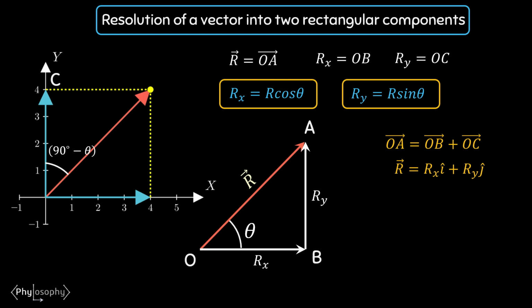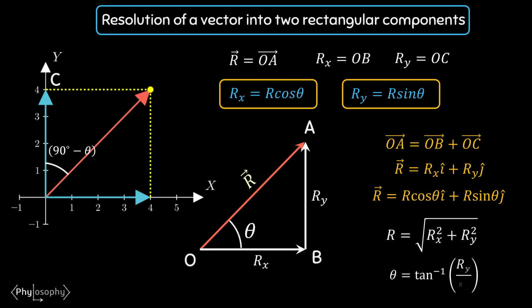Now if we put the expressions for Rx and Ry, then we can write vector r is equal to R cos theta i cap plus R sin theta j cap, and the magnitude of r can be written as r is equal to square root of Rx squared plus Ry squared, and the angle theta that the vector r makes with x-axis is given by theta is equal to tan inverse Ry over Rx.